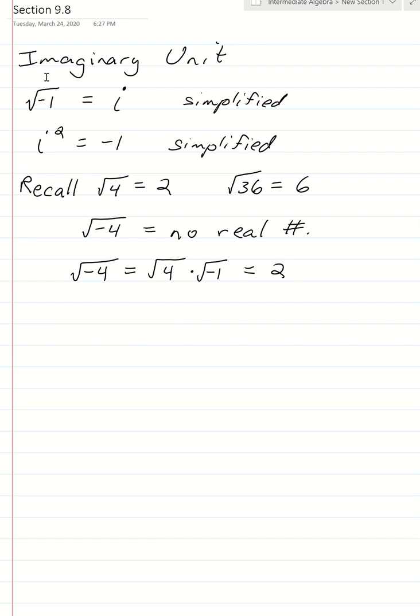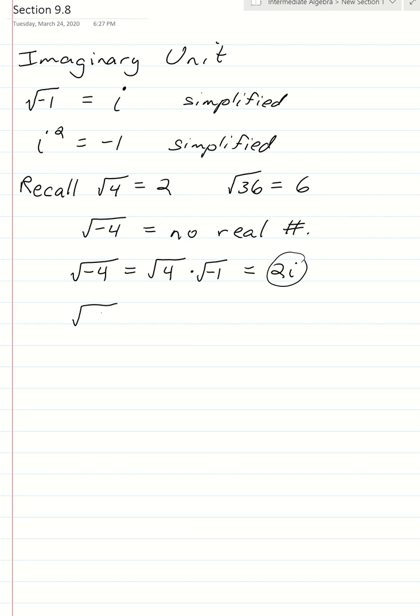And now that we have this imaginary unit, the square root of a negative 1, we can simplify that to i. So the square root of negative 4 we can write as the square root of 4 times the square root of negative 1, and that's going to equal 2i. That would be your simplified radical.